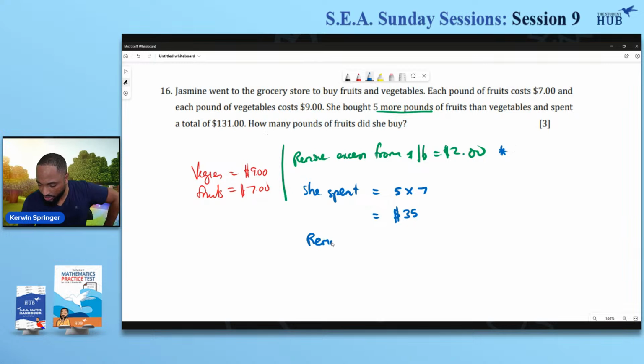I'll get 131 minus 35, which is, how much is that? $96.